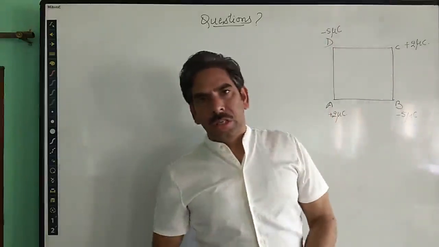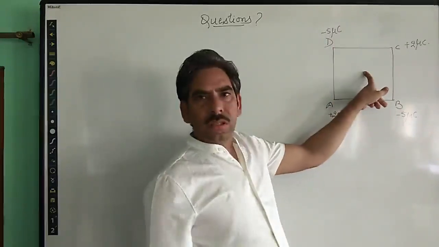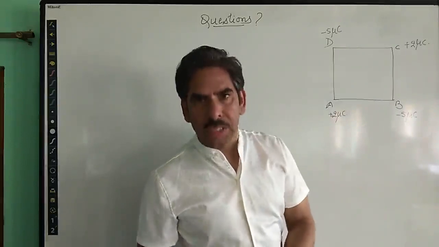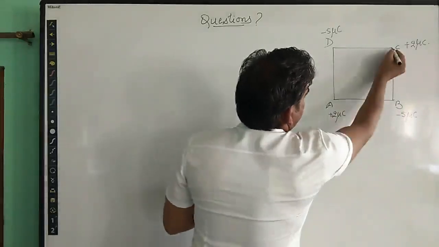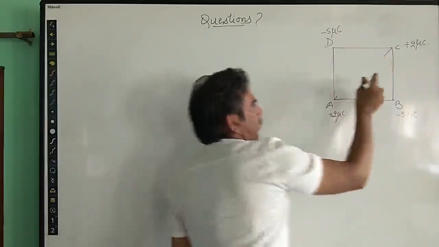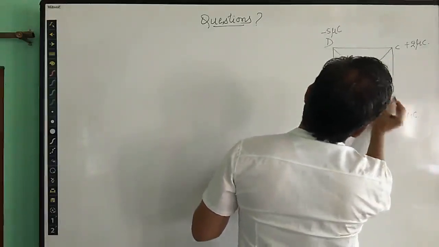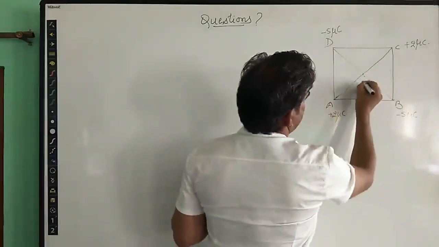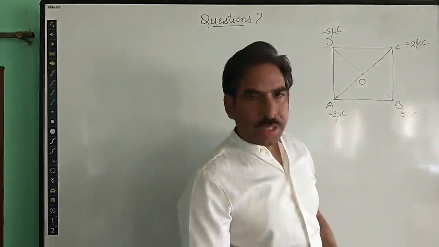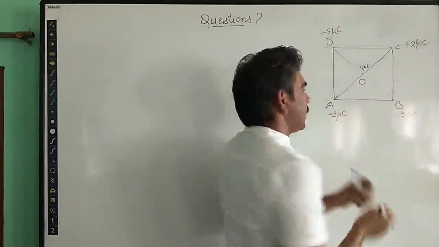So the question is, we have to find out the net force at the center of this square where positive 1 coulomb of charge is placed. So let us draw the diagram completely. This is the diagonal AC, this is the diagonal BD, and this is the center O of the square where some charge plus 1 microcoulomb is placed.